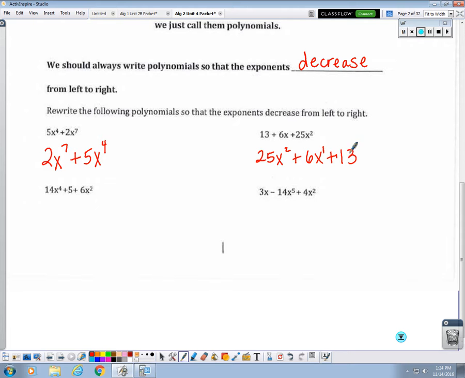So the exponents decrease. That's known as standard form. Okay, take a second and try these two by yourself. Yeah, you're just rewriting it in standard form, which means the exponents decrease from left to right.